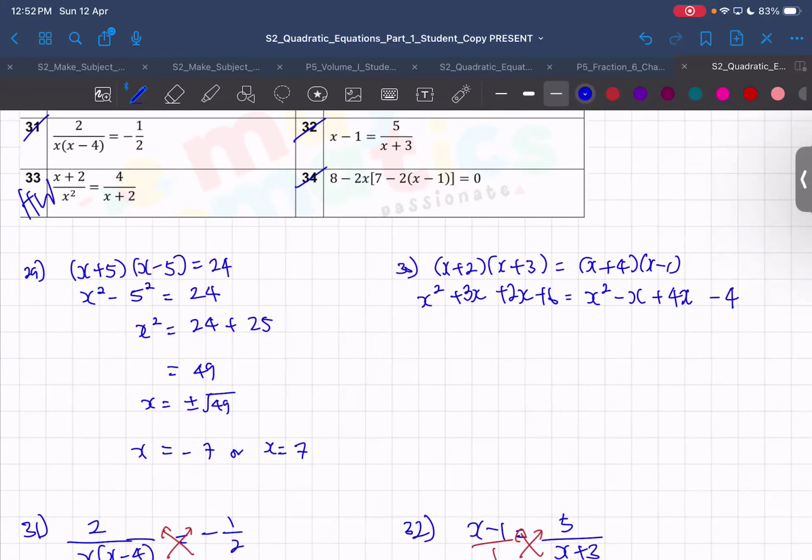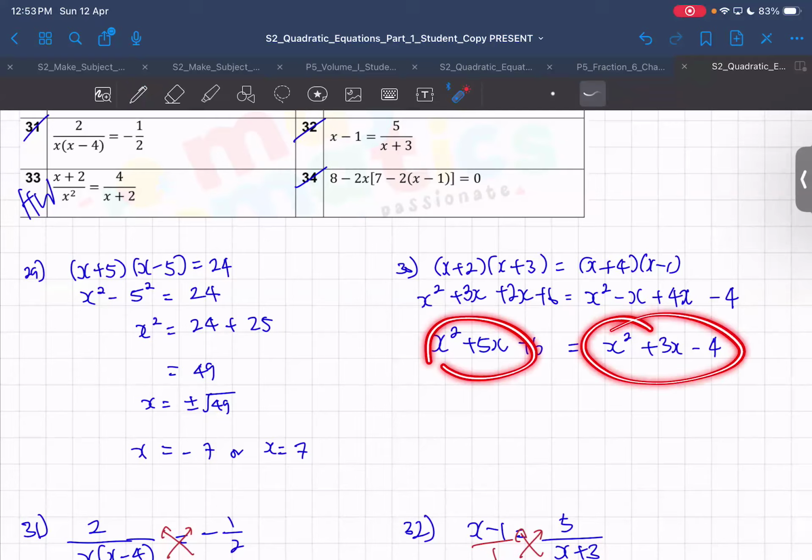You expand, then you simplify, and then I want to combine these two quadratics into one quadratic.